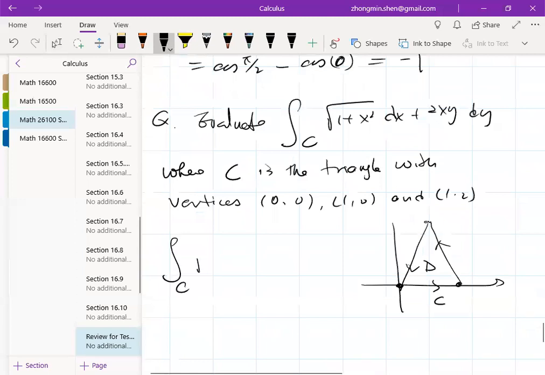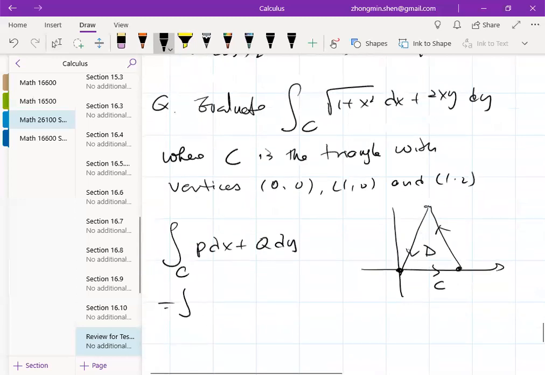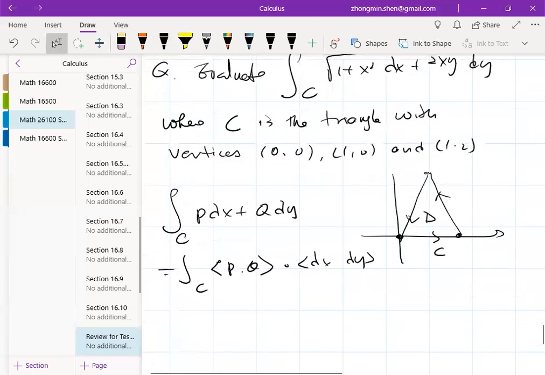Green's theorem says the integral over C of the vector field (P, Q) dx dy. In other words, it is just F dr if it's parameterized.